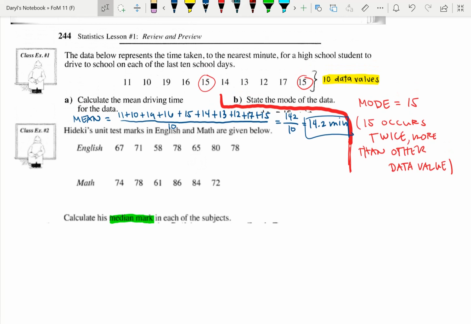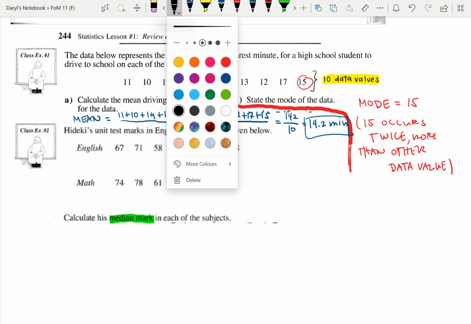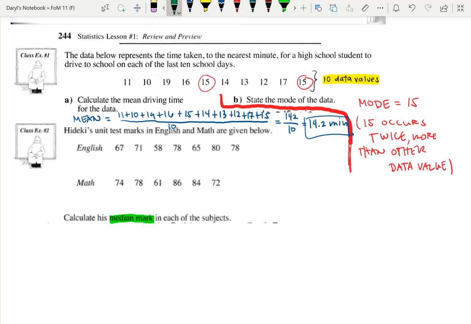So first things first. So the first thing that I'm gonna do, let's say for English, so for English, first things first is you try to sort from least to greatest.